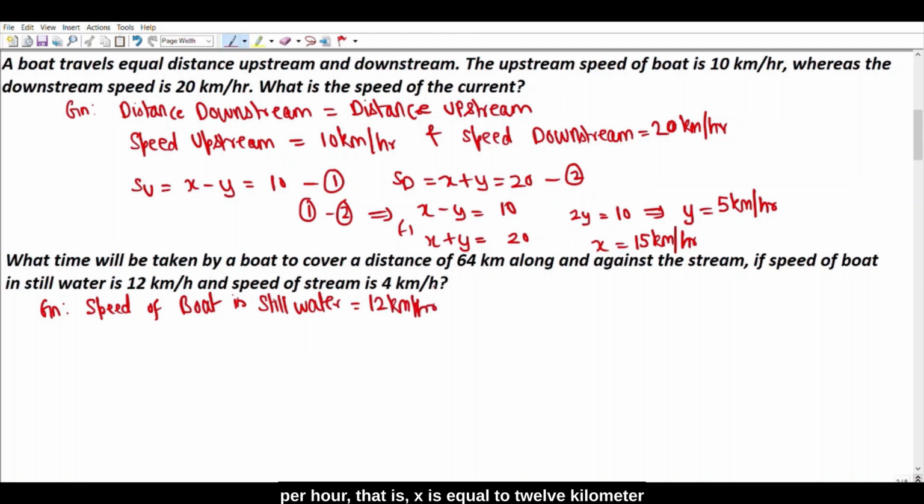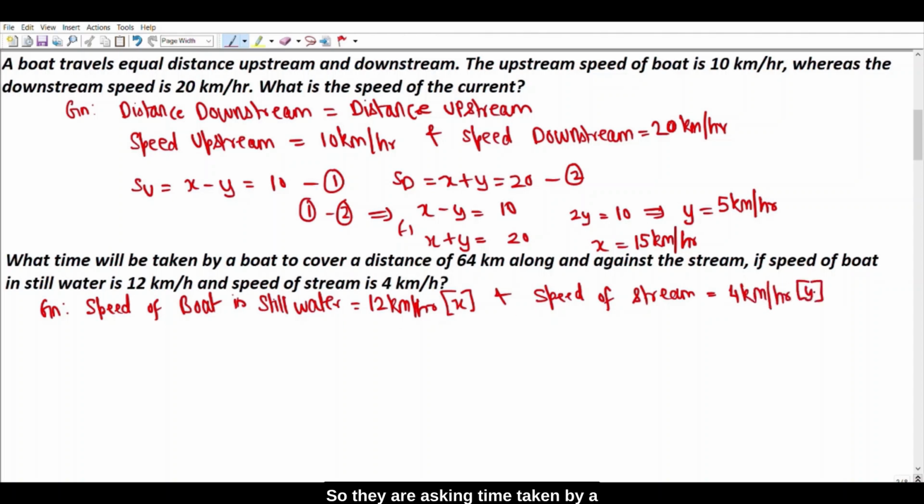That is x is equal to 12 km per hour and speed of stream is equal to 4 km per hour. That is y. So they are asking the time taken by a boat to cover a distance of 64 kilometers.